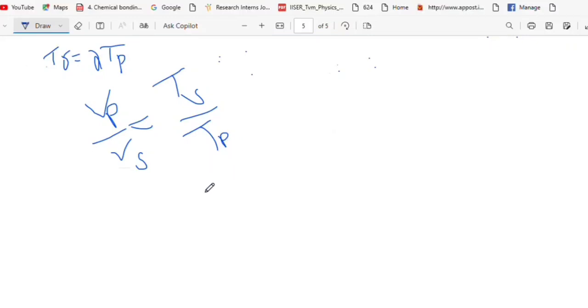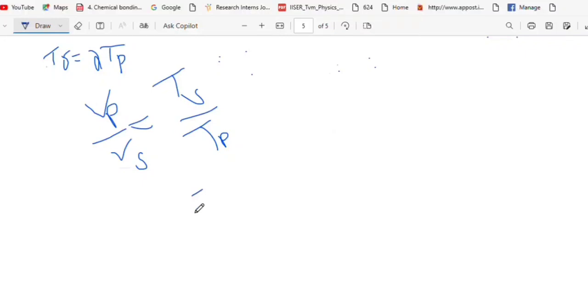We got that Ts is equal to 2 times Tp, and we have the equation Vp by Vs, that is the velocity of the P wave divided by the velocity of the S wave, is equal to Ts by Tp, that is the time required by the S wave divided by the time of the P wave. We know that Ts is equal to 2Tp.